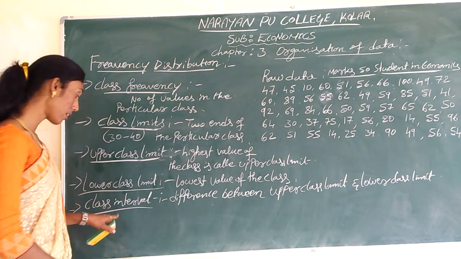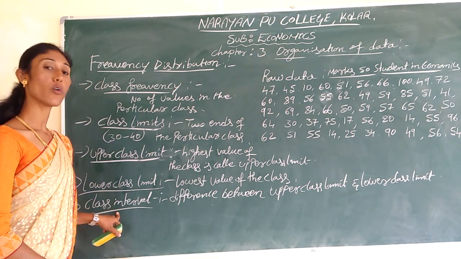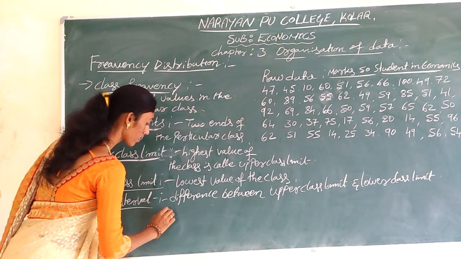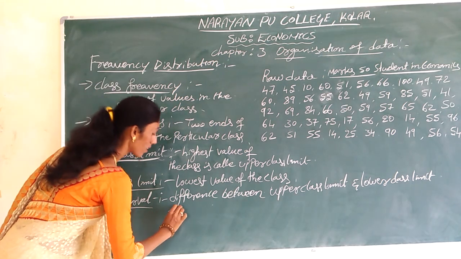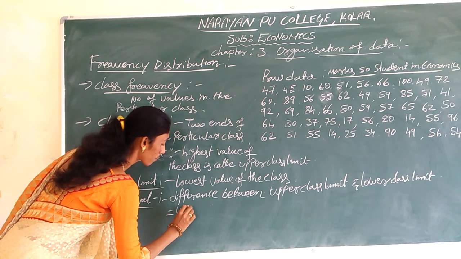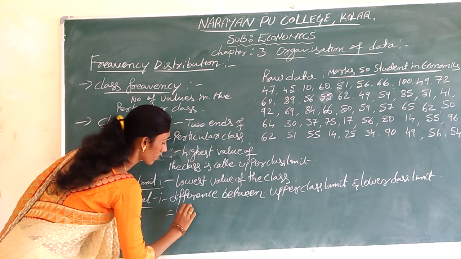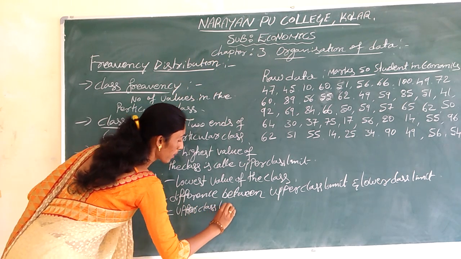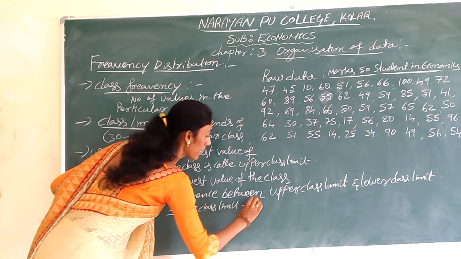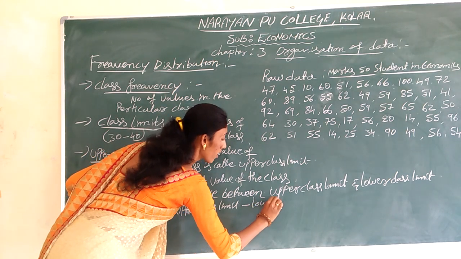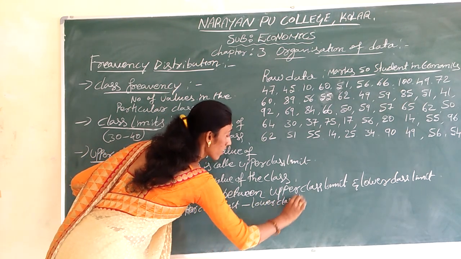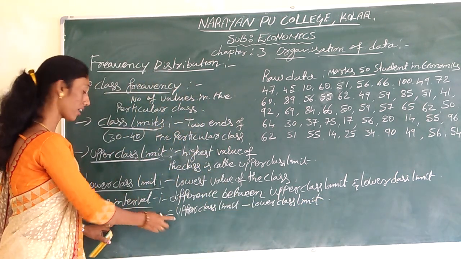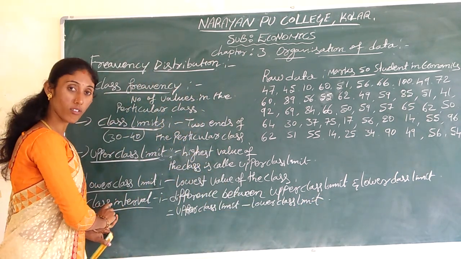And in order to find out the class interval, we have a formula: class interval width is equal to upper class limit minus lower class limit. This is the formula in order to find the size or the width of the class interval.